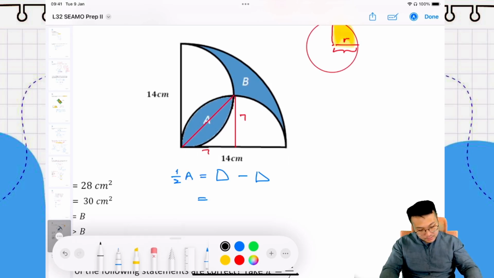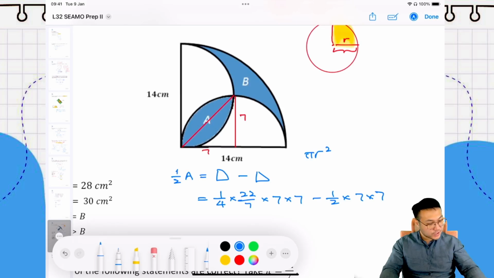So we can say the quadrant is actually 1/4 of the circle. So what is pi? What is the radius? And if you have power of 2, what does it mean? That means 7 times 7. So we are using pi r square. 1/4 of pi r square gives you 1/4 of a circle, minus half times base times height of a triangle.